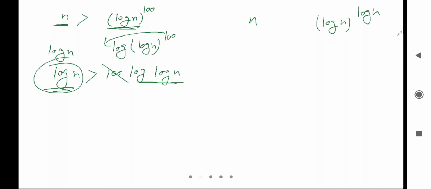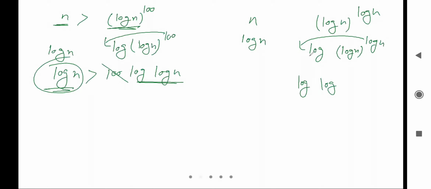So here again we can take log both sides. Here it is log of N, and here it is log of log N power log N. So this log N will come here, and it is log N times log N. Okay, so here it is log N log N and here it is log of N. So out of these two which one is greater?